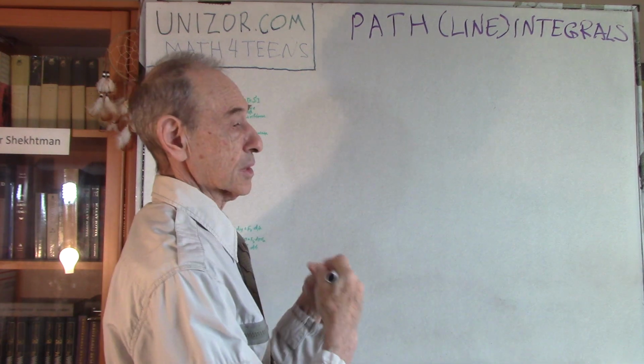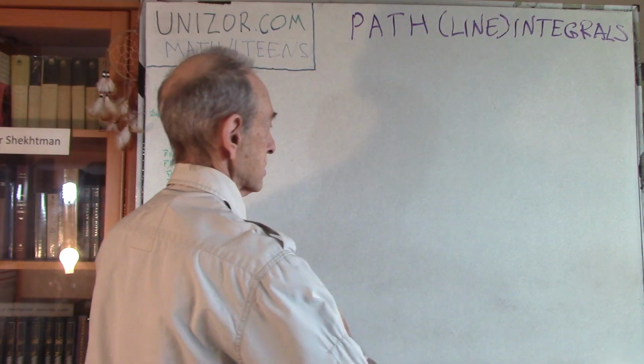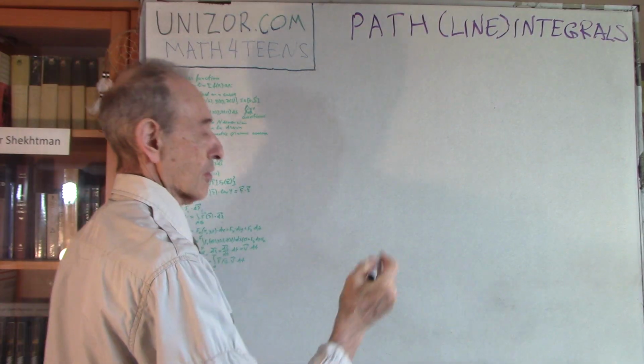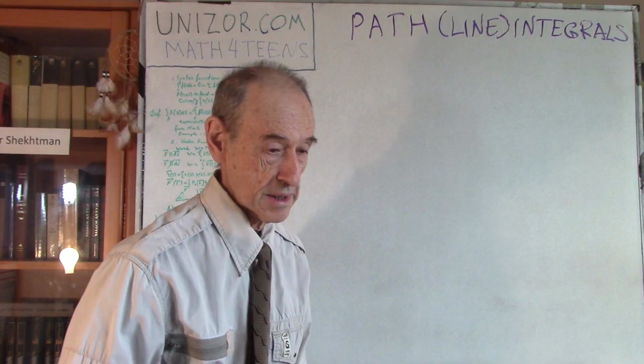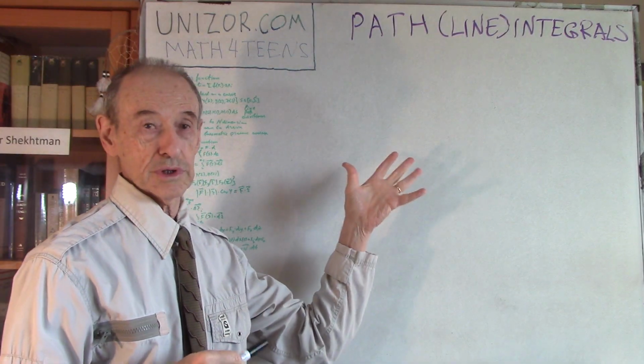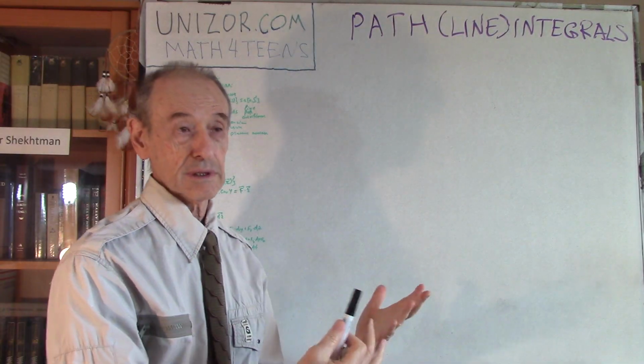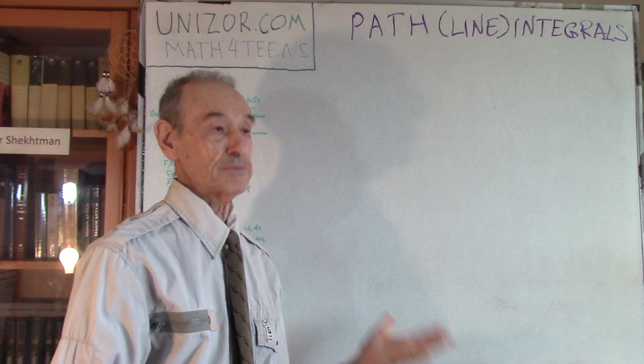So in any case, we consider just as an example that you have a curve in, let's say, three-dimensional space, and I would like to introduce a concept of a path integral, basically to define it. How can I define it?